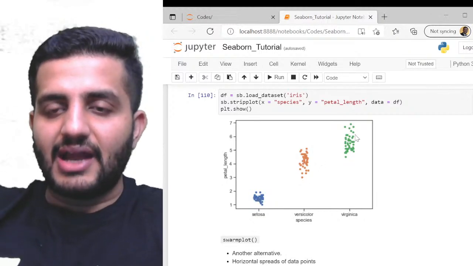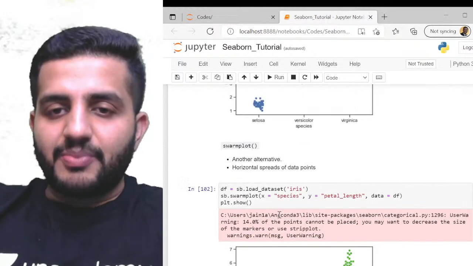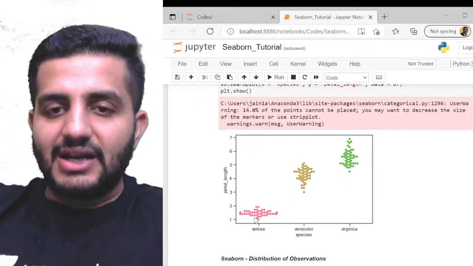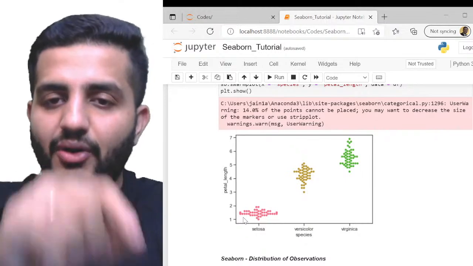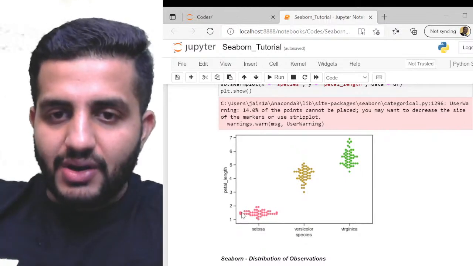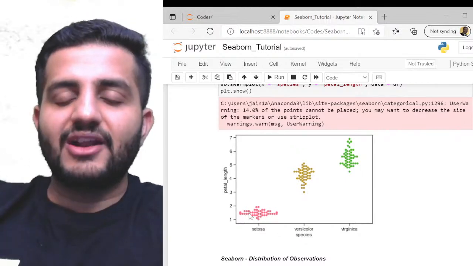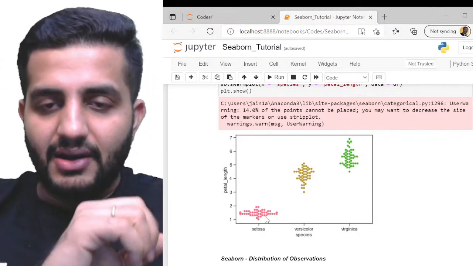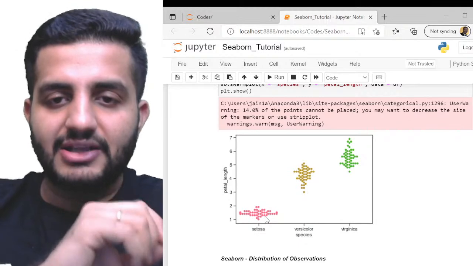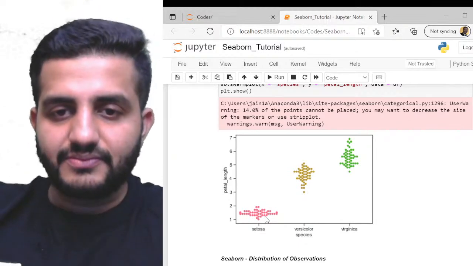Likewise here and here. But in swarm plot, it makes sure that all the individual data points get plotted. So you can actually count the number of observations available in Setosa. All the individual observations are plotted and visible, right?